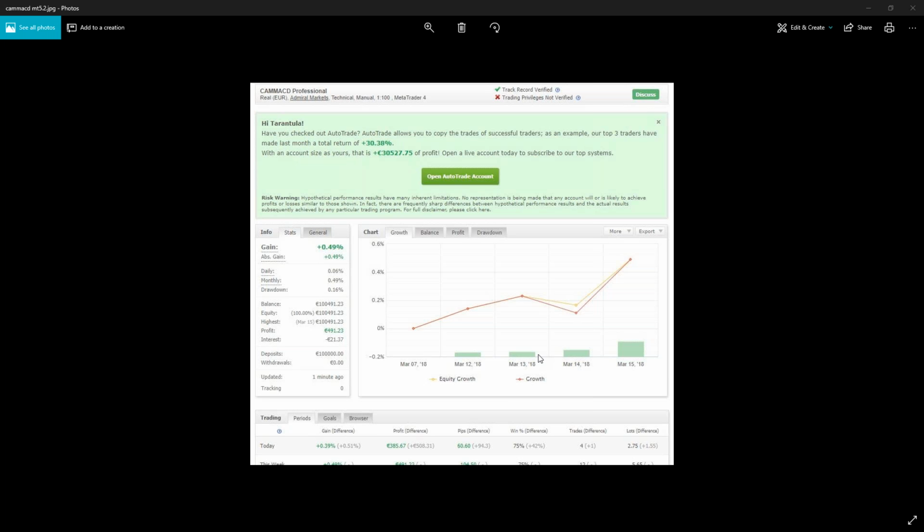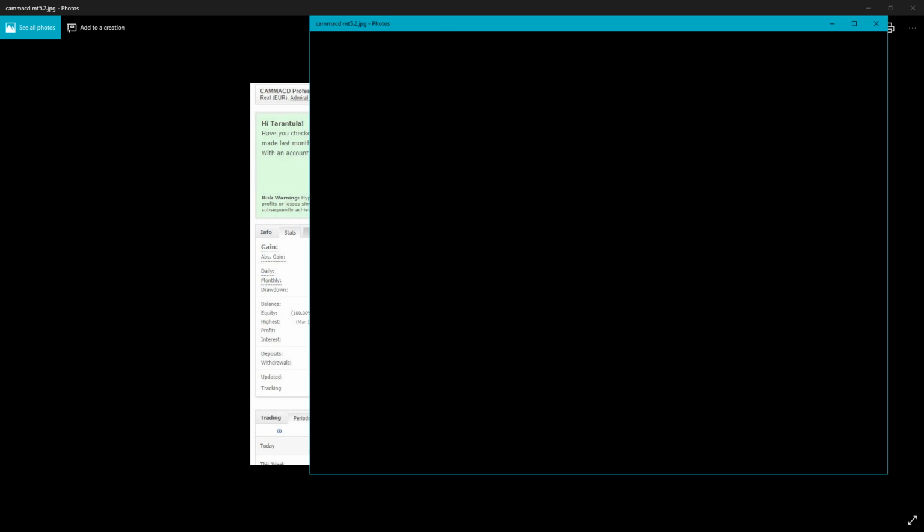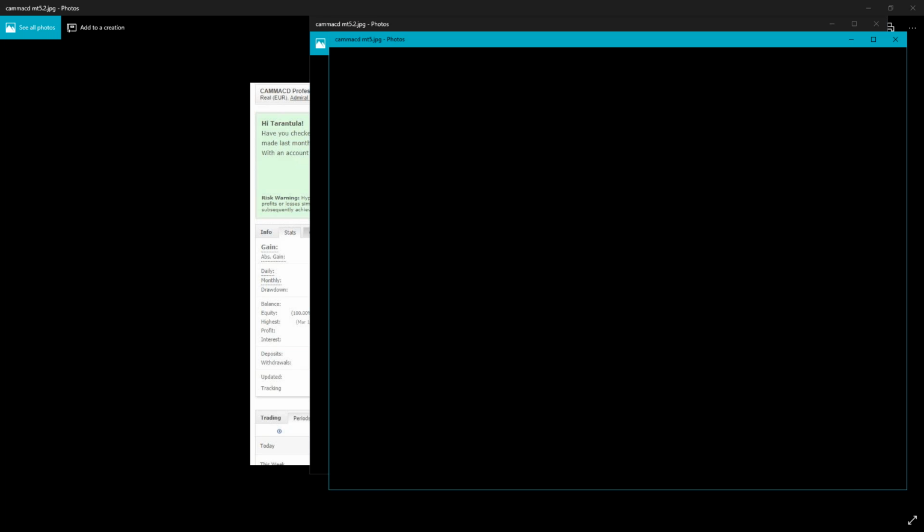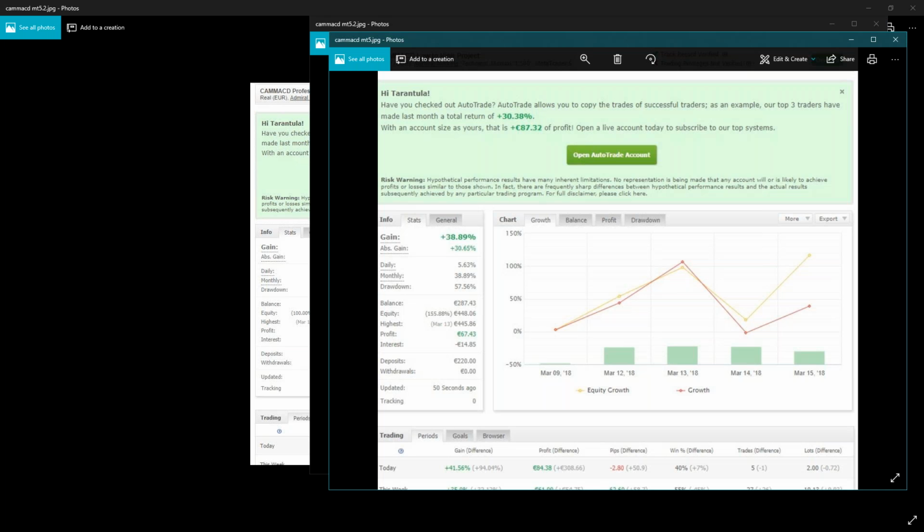So the point is it doesn't matter, guys, if you trade with big money like 100K. For some people this is big money, for other people this is not big money. It depends really what your take is, but I think that 100K is good money. It's much easier to trade and to manage the drawdown effectively than with this account.